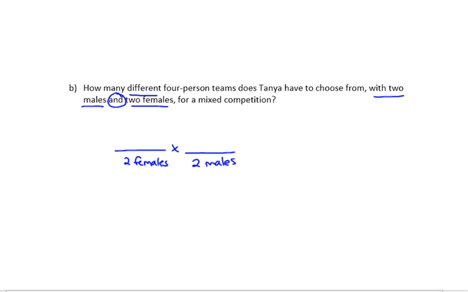From the females, how many are there? There's 4 of them, and we want to choose 2. And males, there were 5, and again we want to choose 2.